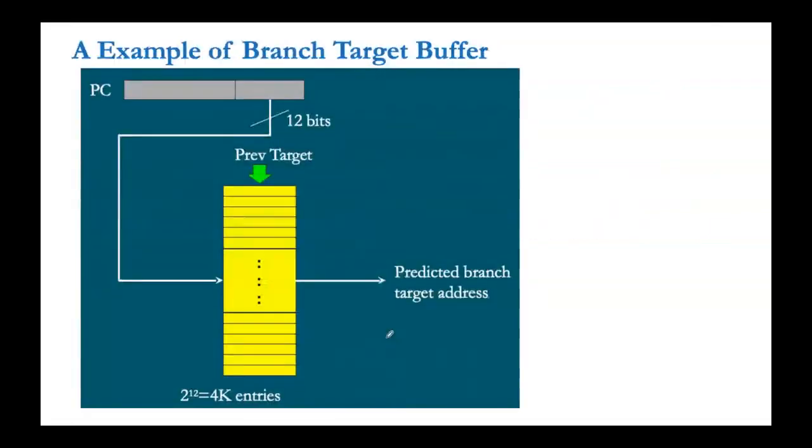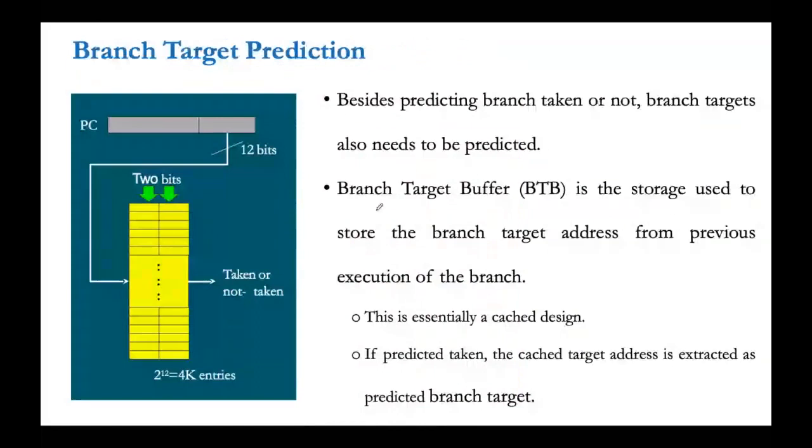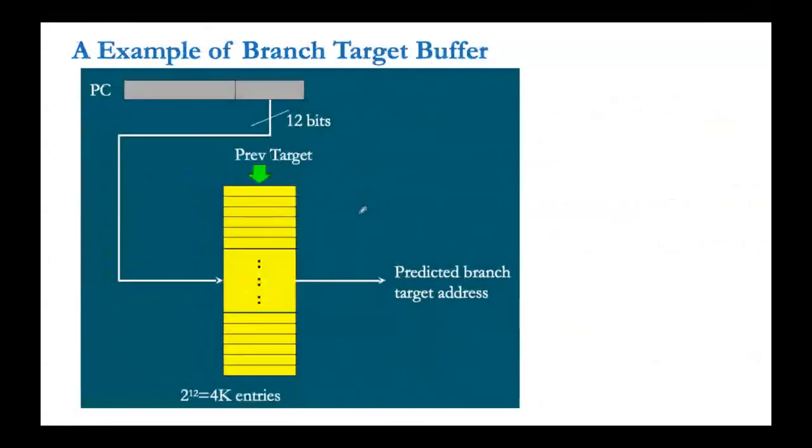So this is the branch history table and the branch target buffer.